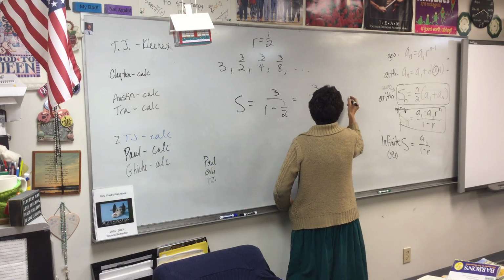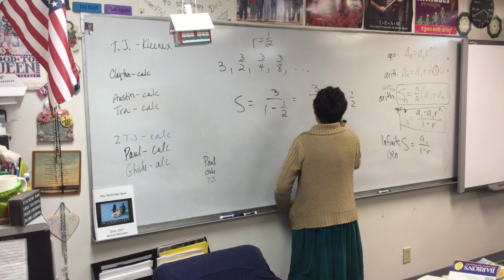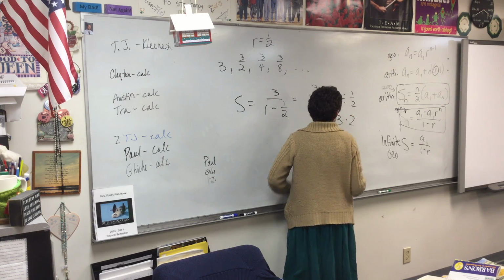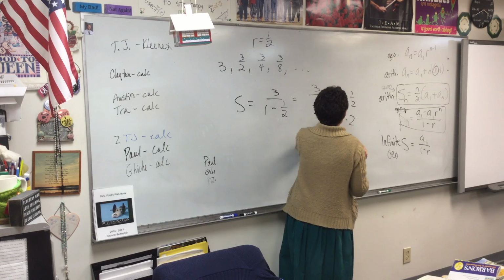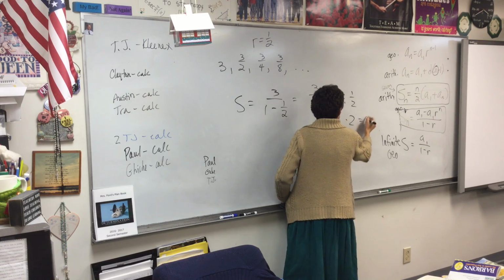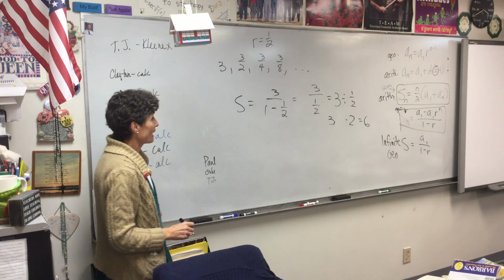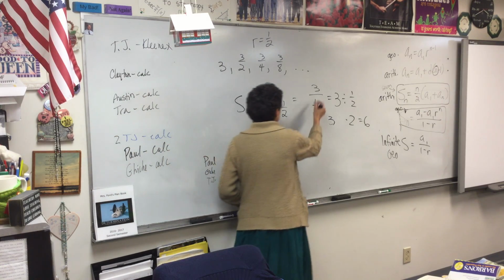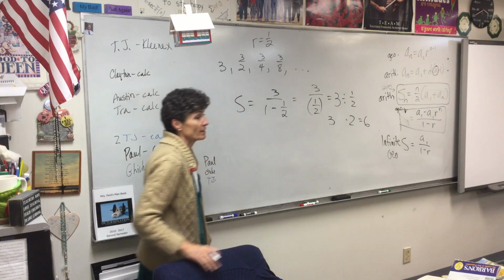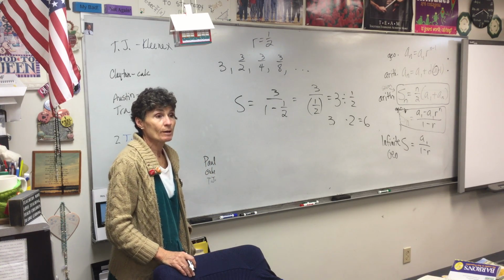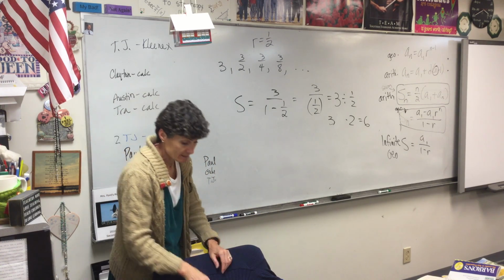For some of you, it's going to be easier just to do it without the calculator, because you're not going to use the parentheses, and you're going to end up with the wrong answer. 3 divided by 1/2 is 6. If you're going to put that in your calculator, make sure your denominator's in parentheses. There's 2 numbers down there, so they have to be in parentheses if you're going to type it in.